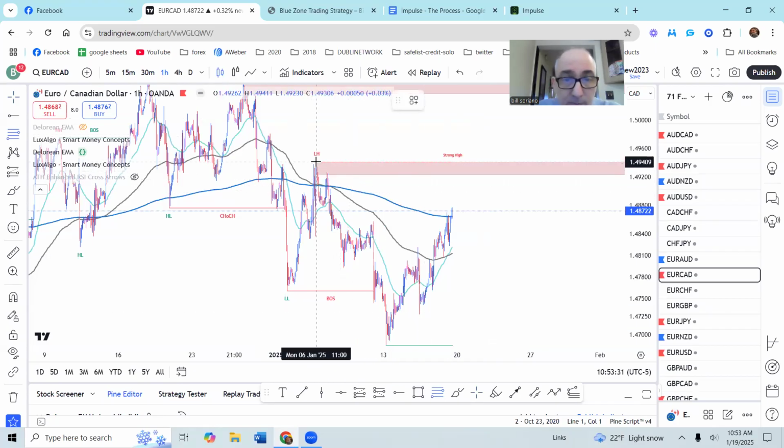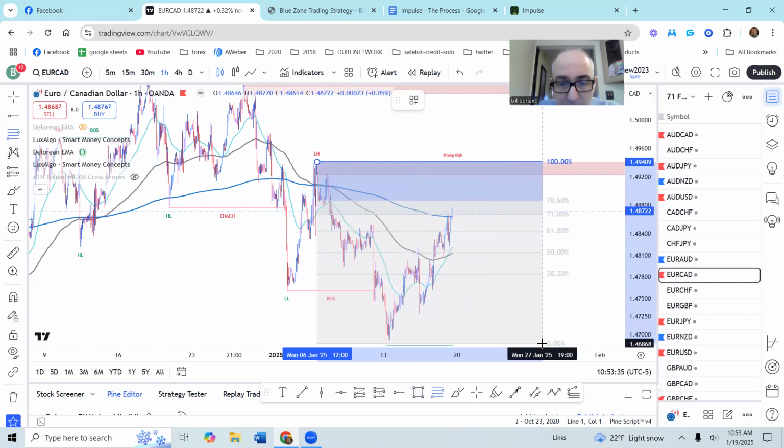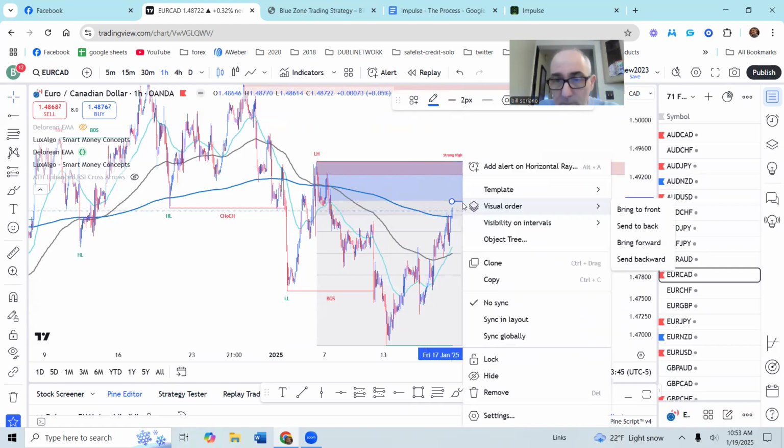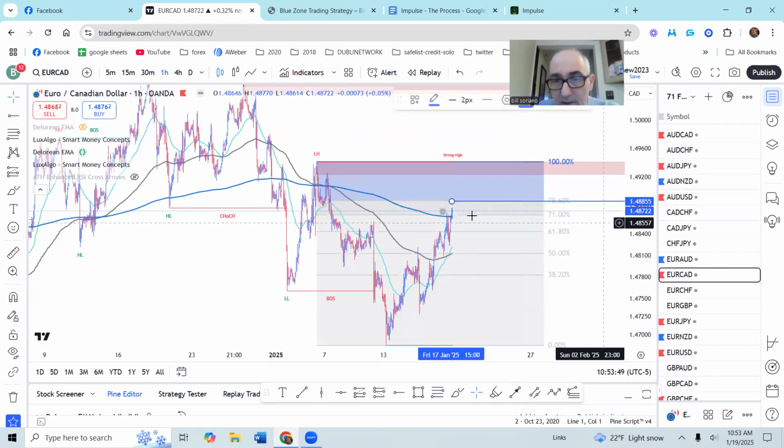So we draw the fib from this significant high to this significant low for a selling opportunity. And we see our blue zone is right here, and that price is almost at our blue zone. Now, since price already passed the 61.8, we would not look for any counter trend trades at this time.